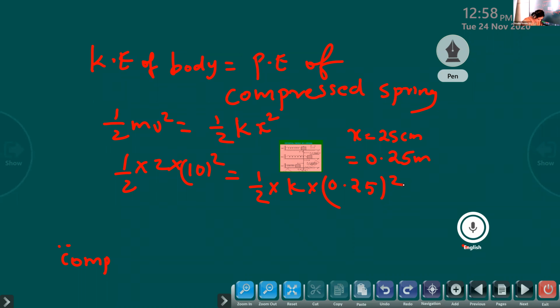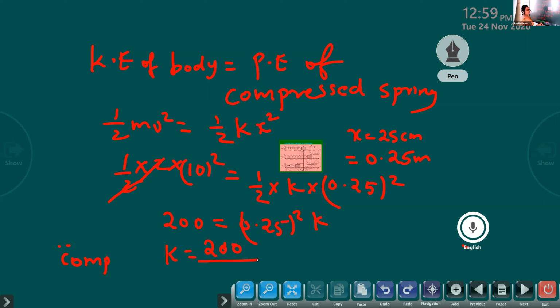Cross multiplying, you will get 2 into 10 square, 200, is equal to 0.25 square into k. So k is equal to 200 divided by 0.25 square.